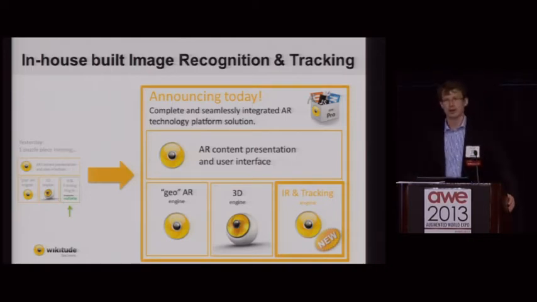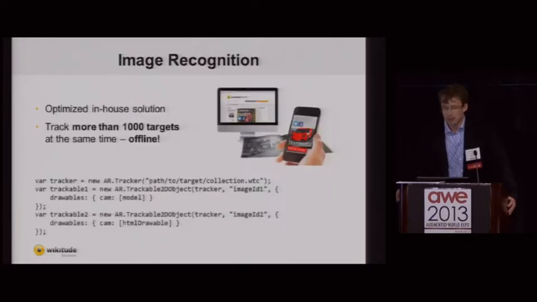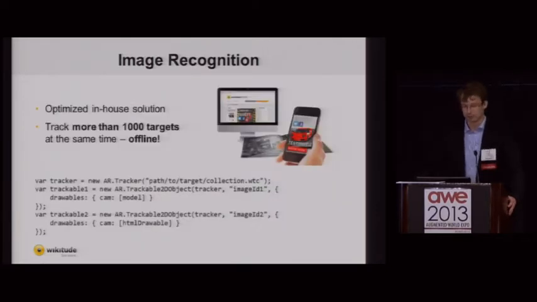The reason is that we want to give developers a fully integrated, fully optimized solution for developing AR content. It's just a lot easier for us to optimize the algorithms, the entire SDK, if we have our own image recognition solution. So with the next spring release, you can actually work on our own image recognition solution.